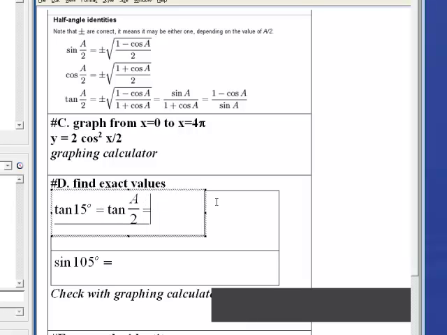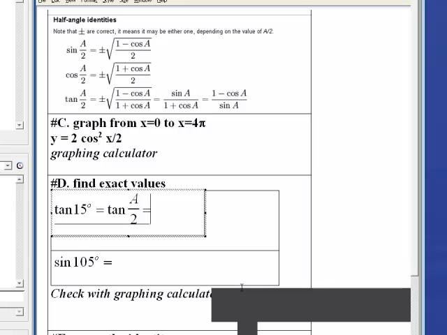Again, at this point, I may want to think about which one I would like to use. I have 3 options. The first one, we actually tried that earlier, and we came up with this really complicated expression of square root of a square root. So I may want to try something else.